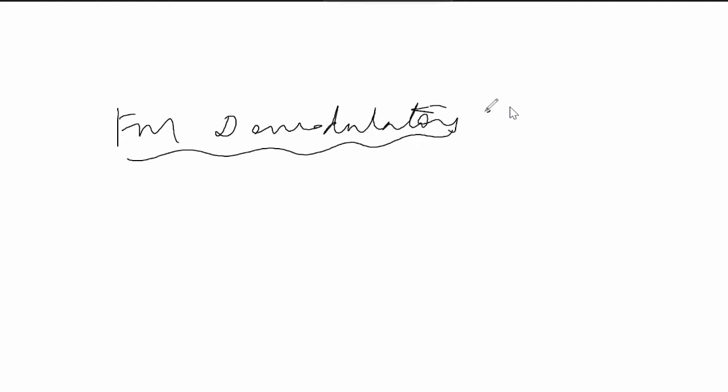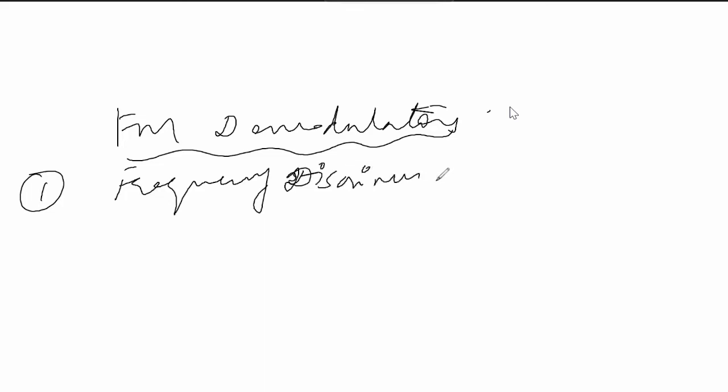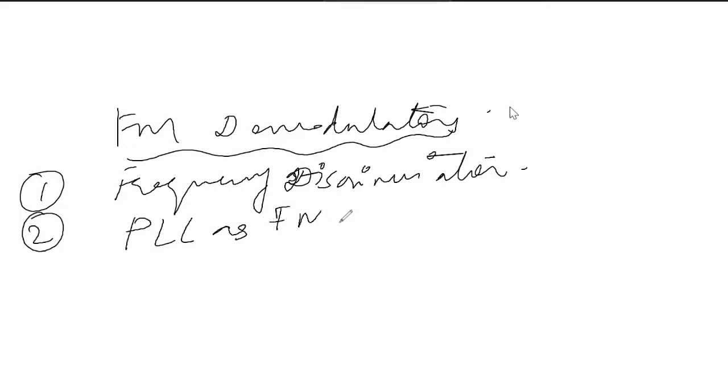Then how are we demodulating FM signals? FM demodulators are of three common types. One is called the frequency discriminator. Second is PLL as FM detector.